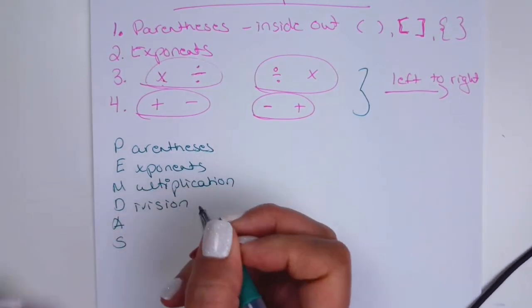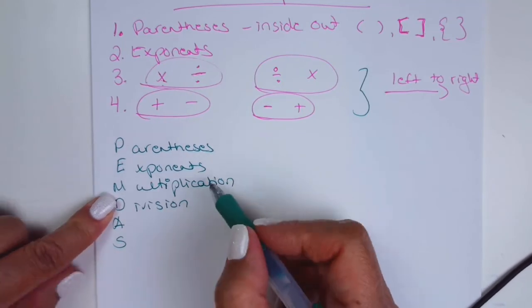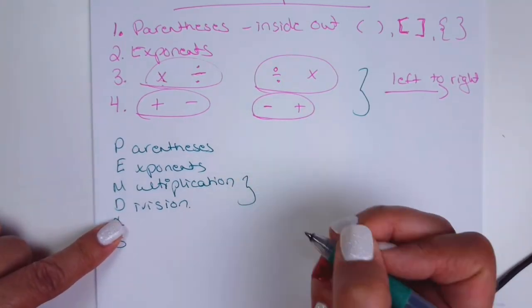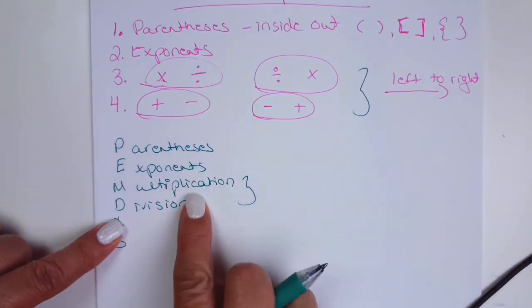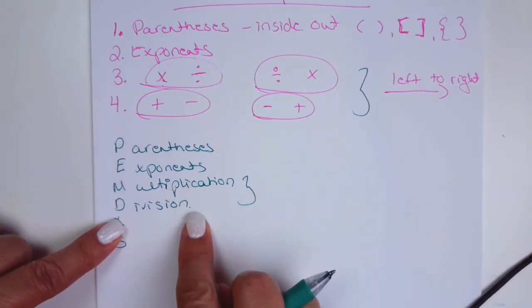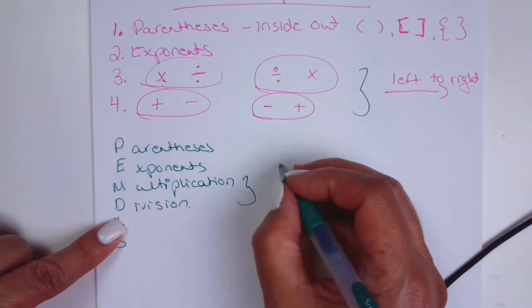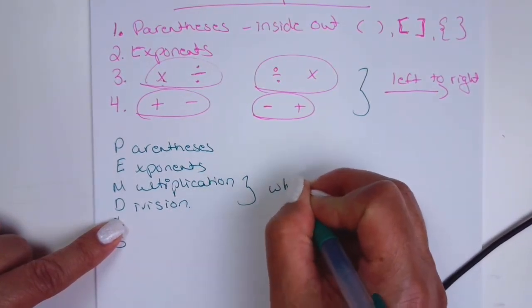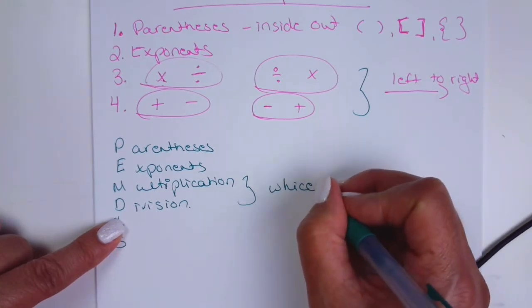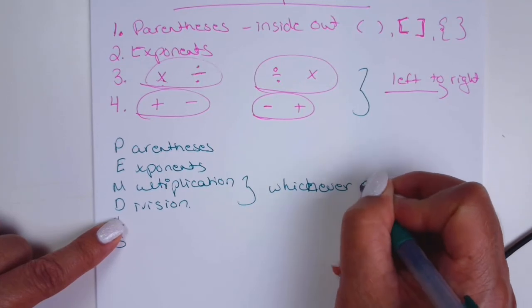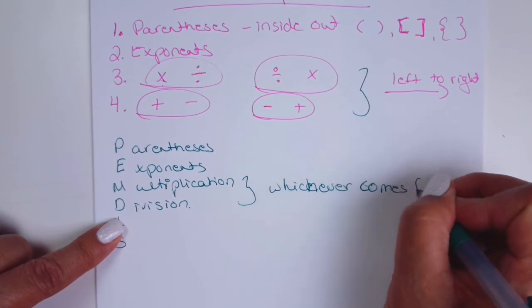And now again, since we are writing them down, multiplication first, division first, you need to remember that whichever one of these comes first, we're going to do it. So if you have a division first, you're going to do that first. So these two are kind of bundled. Whichever comes first.